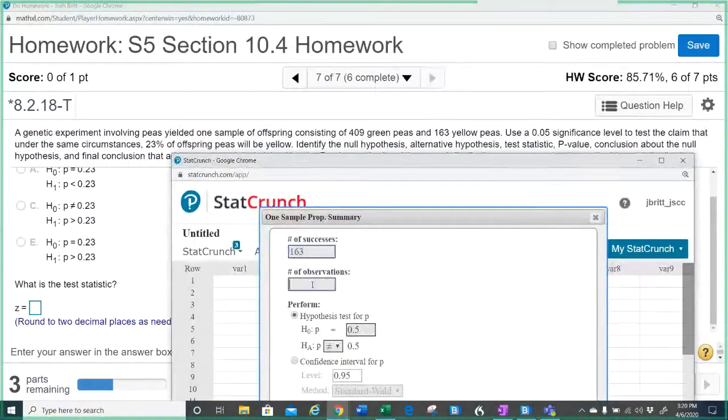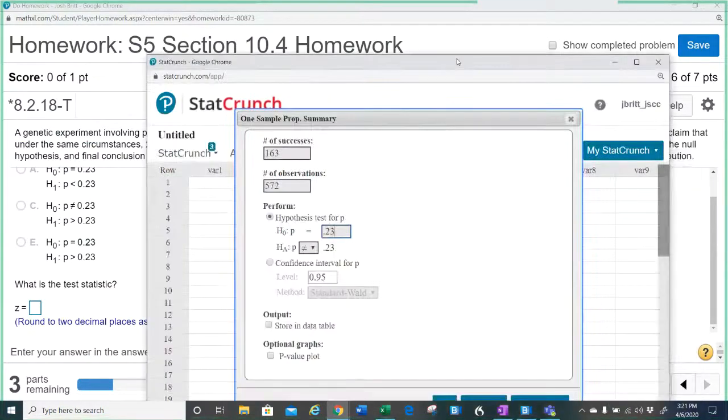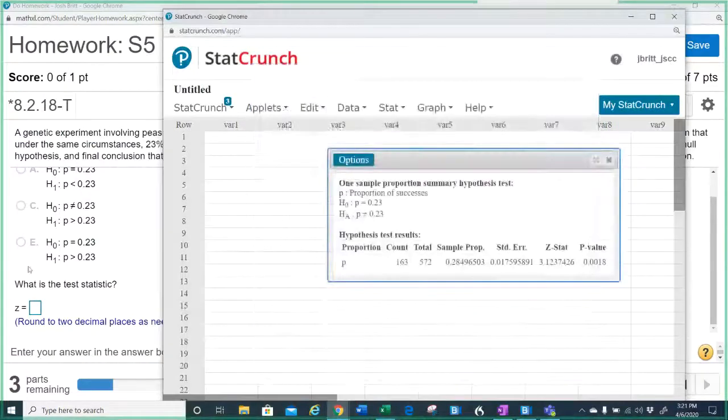And then the total number of observations, you actually have to add together the 409 and the 163. So 409 plus 163 gives me 572 as the total. And then 0.23 and not equal to 0.23. So the test statistic is 3.12.